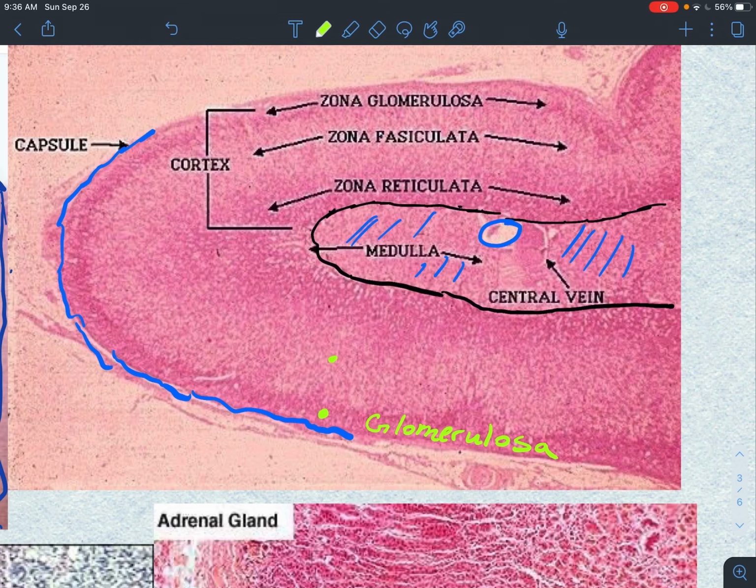If the pointer is right about there, well, it's pretty much smack in the middle, and the fasciculata is the longest of the three, so you want to go with the zona fasciculata. And if the pointer is right there, close to where that medulla is, but not quite, then you want to go with the zona reticularis.